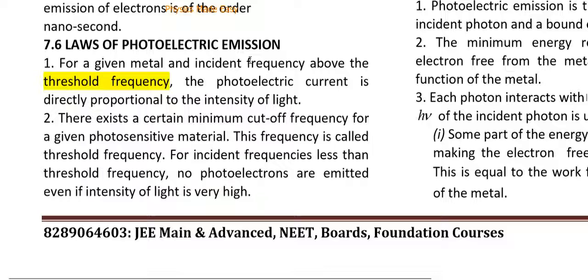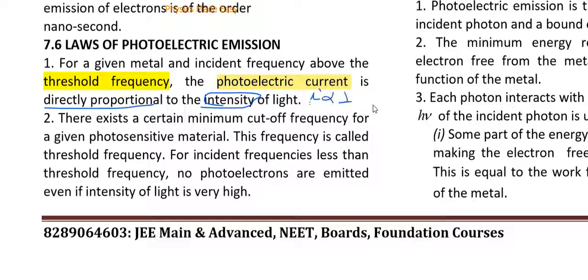For a given metal and incident frequency above the threshold frequency, the photocurrent is directly proportional to the intensity of light. I will write this as small i is directly proportional to capital I. Capital I represents intensity, small i the photocurrent.